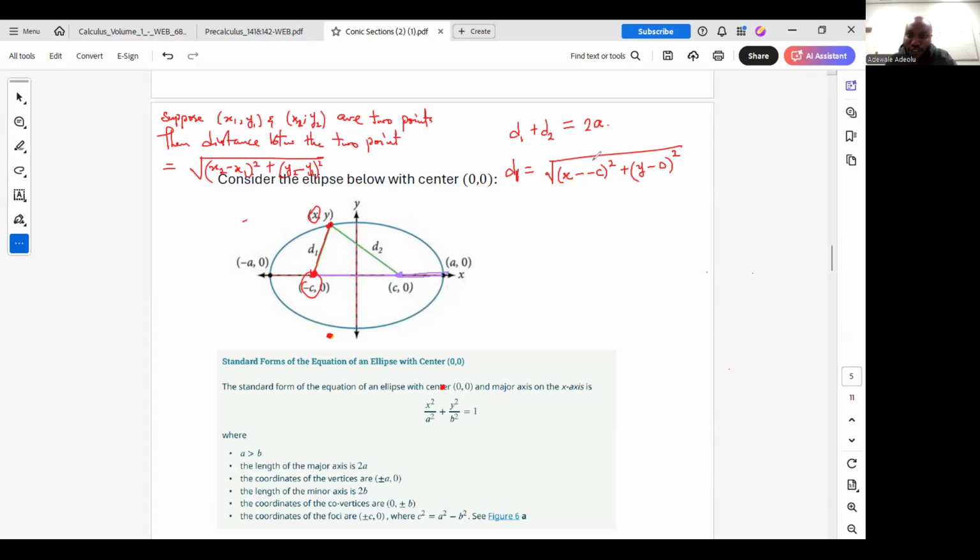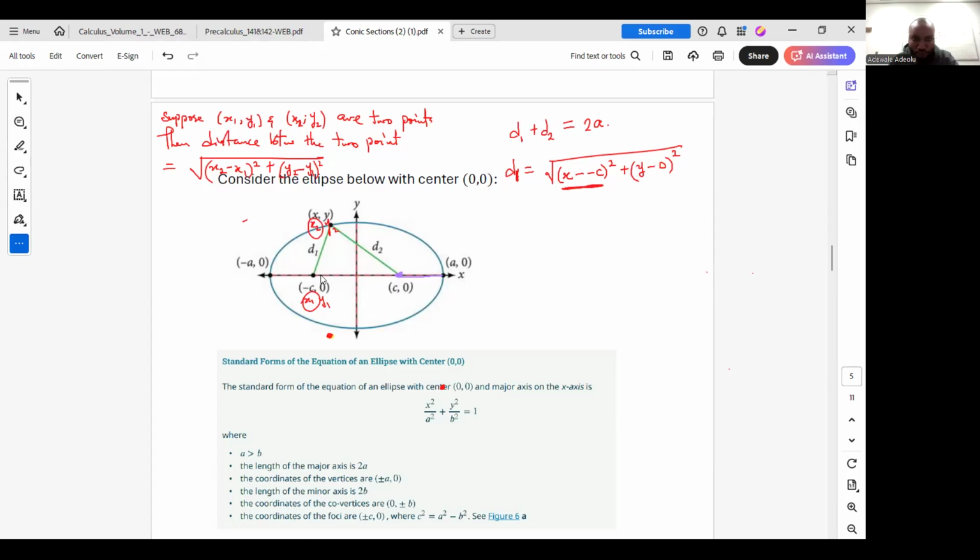So d1 is, let's say this is x1, it doesn't matter, x2, y1, y2. So I'm saying x2 minus x1, so that is what I do here, x minus c, plus the same thing here.